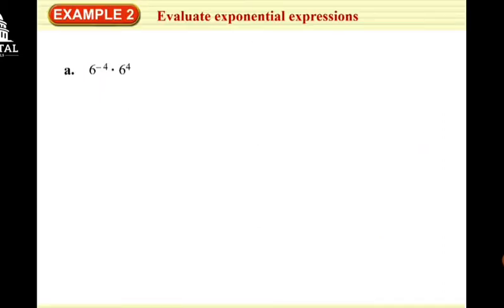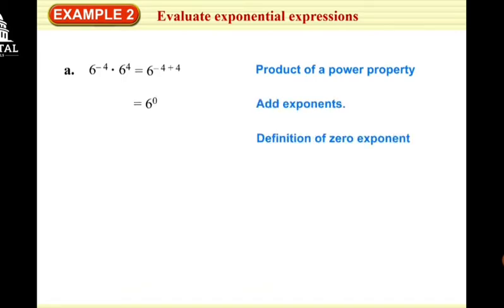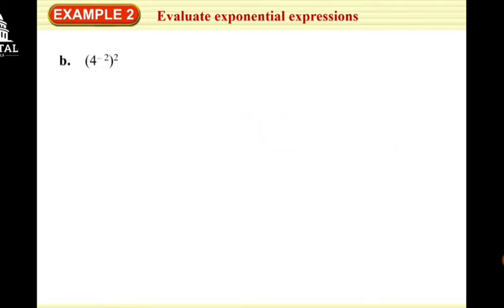For example, we have here 6 to the power of minus 4 times 6 to the power of 4. We will add the powers, it will be 6 to the power of 0, which equals 1. Another example, power of power, we will multiply the two powers, it will be 4 to the power of minus 4.